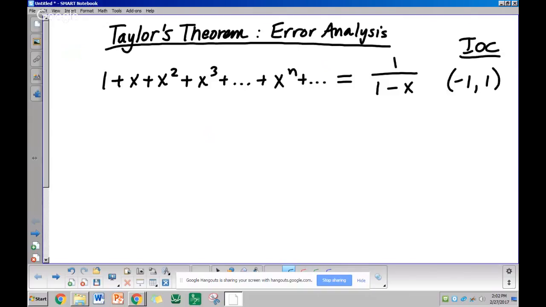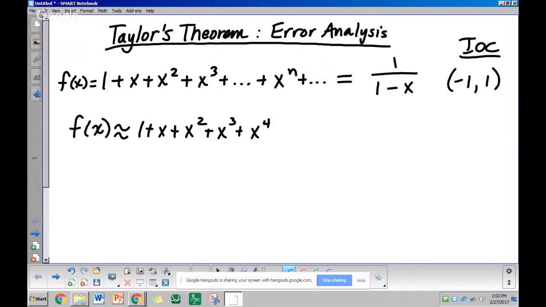So if I say that this is equal to f of x, and I'm going to say f of x is going to be approximately 1 plus x plus x squared plus x to the third plus x to the fourth plus x to the fifth plus x to the sixth. What have I done? I've gotten rid of or truncated part of it.